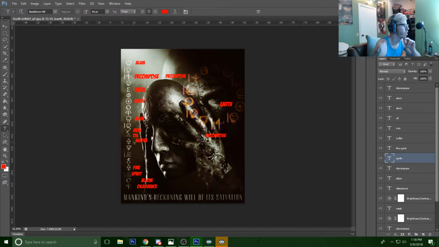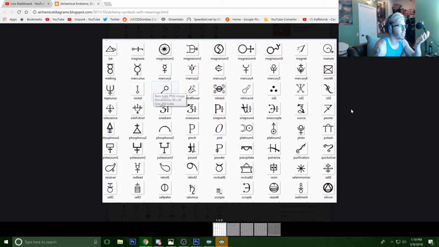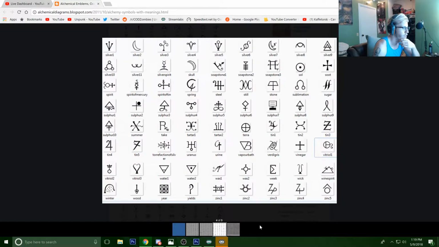This little section. I'm trying to see if there's a plus in between two triangles, basically. There's the sulfur, but I just don't see that other triangle.